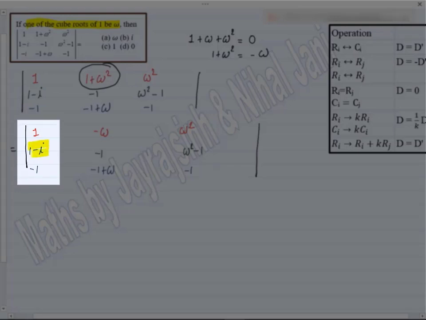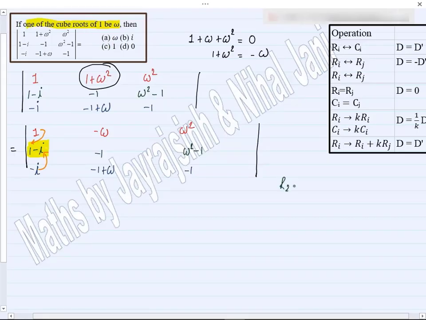Let's try to get 0 in this element by taking minus with the first row and third row. So we have to take R2 gives R2 minus R1 and minus R3.